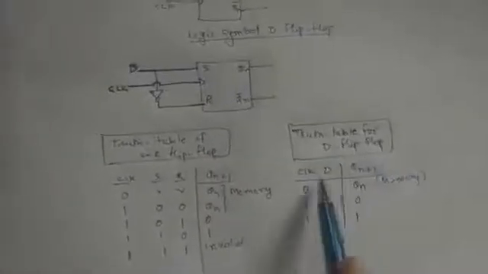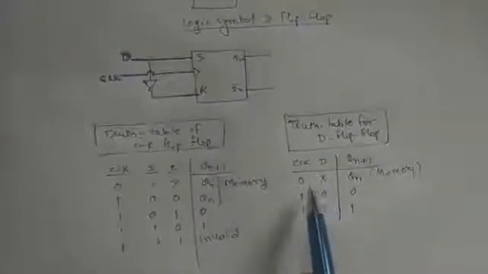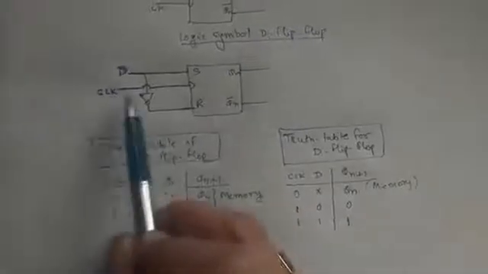Now let us see and prove this truth table of D flip-flop. So initially the clock is 0. As you can see, when there is no clock, it is 0.